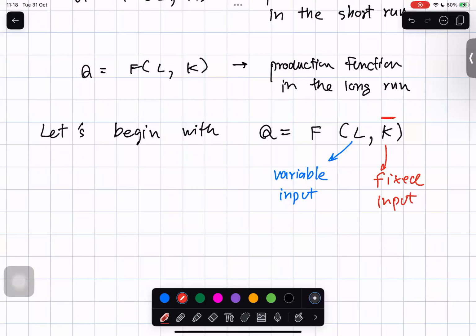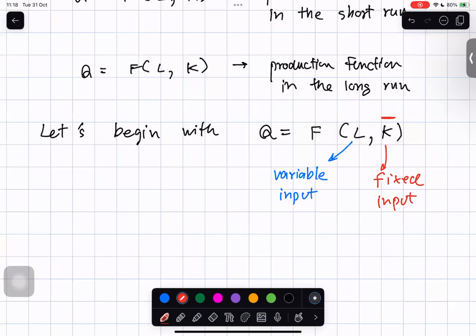So, with the definition of short run, short run is about a period of time that at least one factor input cannot be changed. Here capital or machines, we cannot adjust the amount. If we want to have more cookies, what we can do is only increase the number of workers.